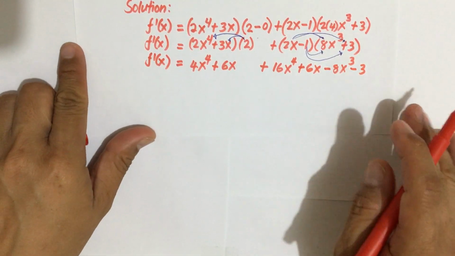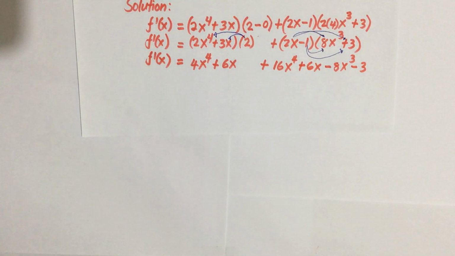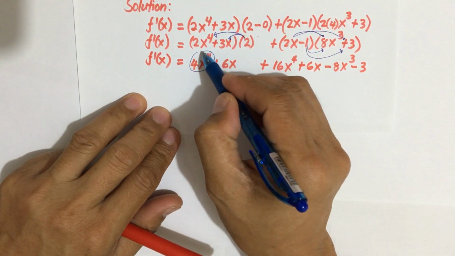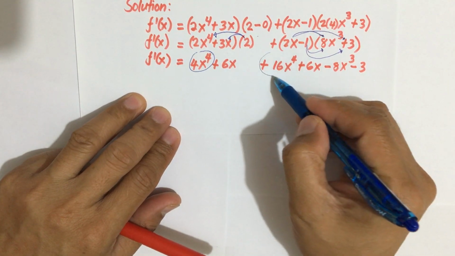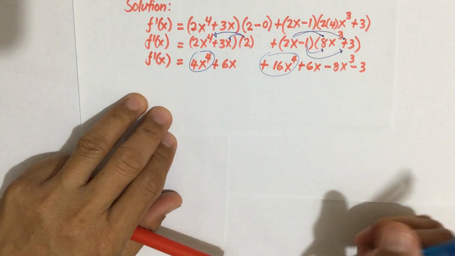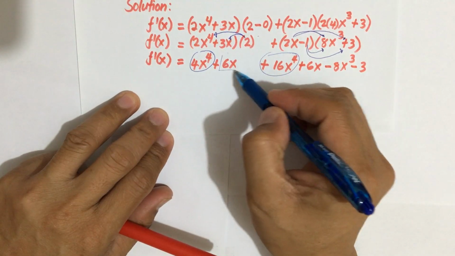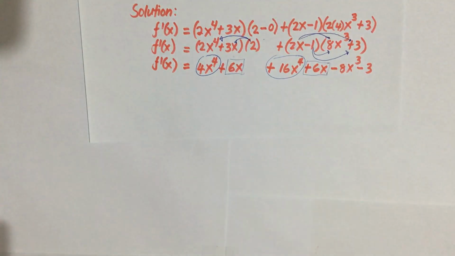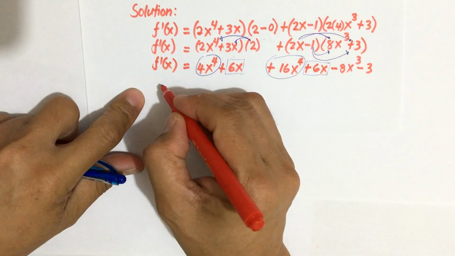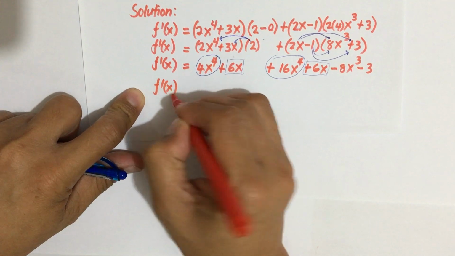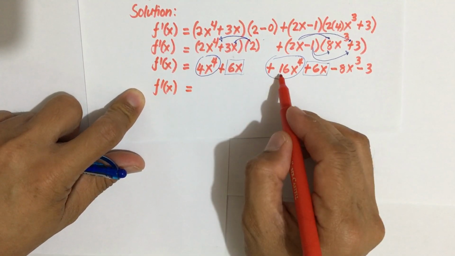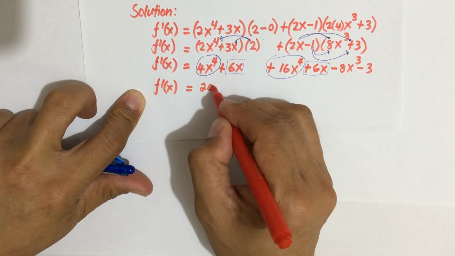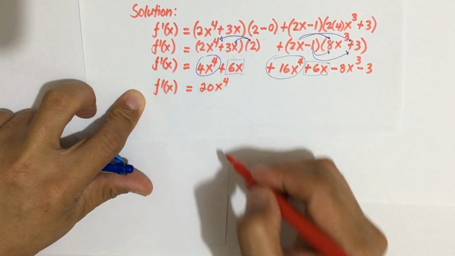Alright, so simplifying, combining similar terms, we have 4x to the 4th plus 16x to the 4th. Then we have 6x, positive 6x, another positive 6x, so we can combine them. So f prime of x equal to, combining these two, 4x to the 4th plus 16x to the 4th, so we have 20x to the 4th.